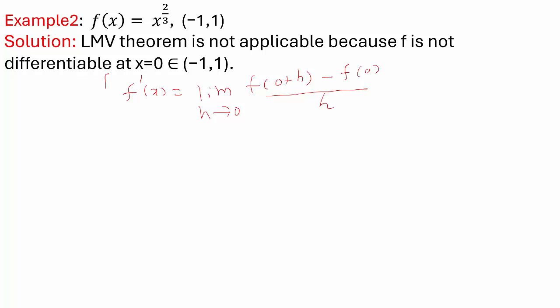If we evaluate this limit, f of 0 plus h becomes h raised to 2 by 3, minus f of 0, which is 0, divided by h.